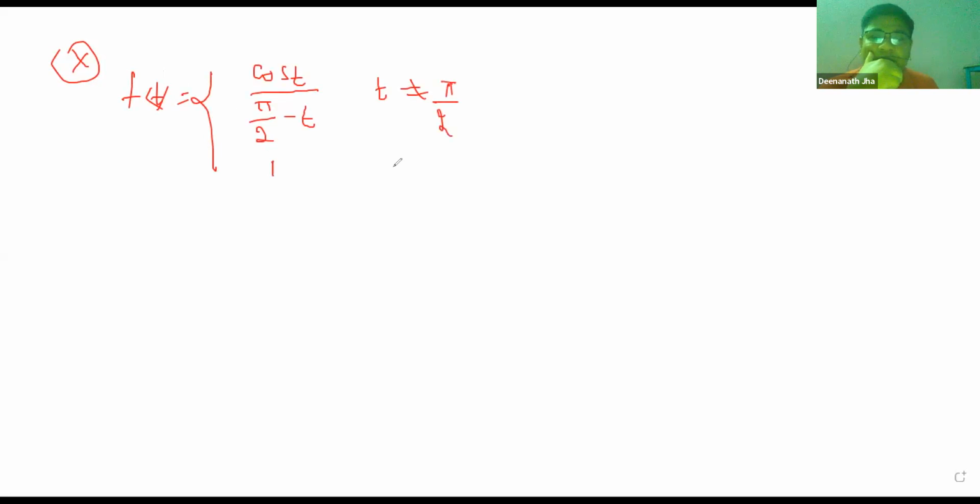And 1 when t is equal to pi by 2. You have to check whether it is continuous or not at t is equal to pi by 2.